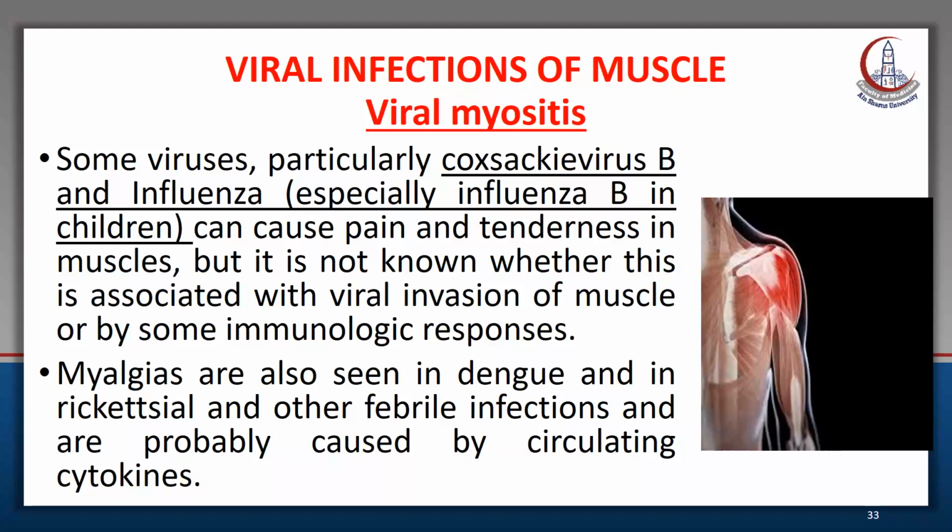Till now the pathogenesis of viral myositis is not clear. Is it due to invasion of the virus itself, or is it an immune response to the virus? Myalgia is also seen in dengue fever and in rickettsia and other febrile infection, and is probably caused by circulating cytokines.